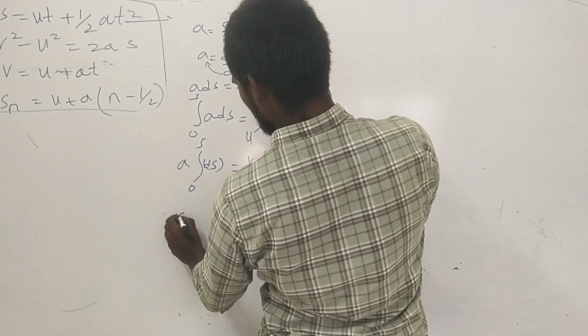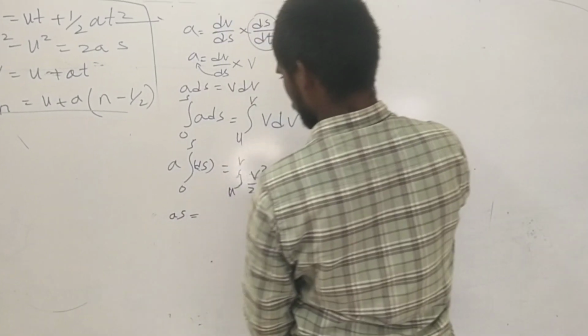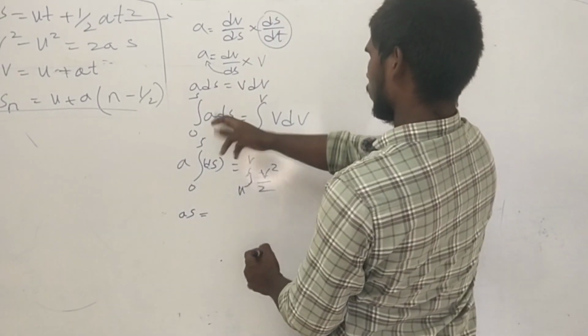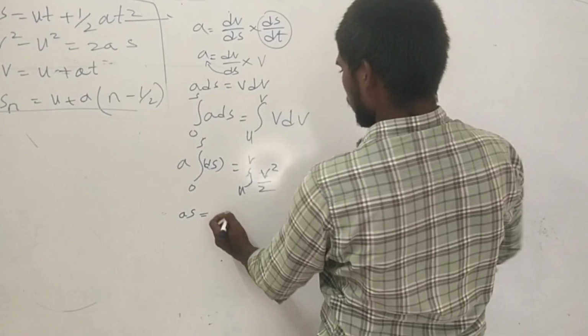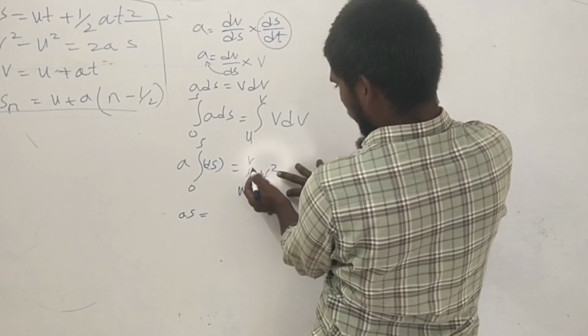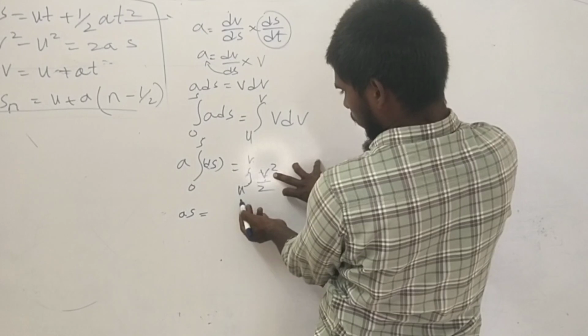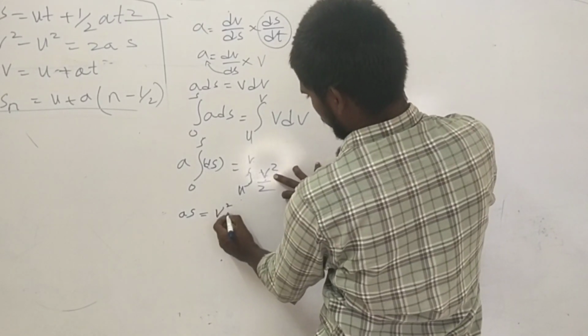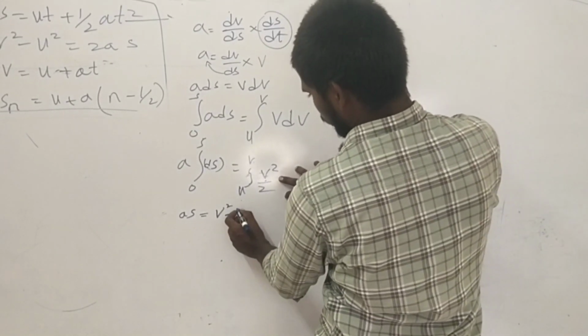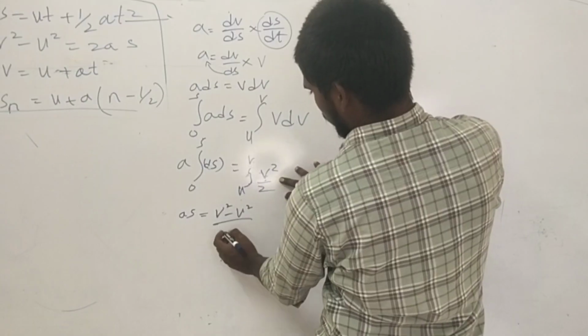So it should be a times the integral of ds with lower limit 0 to s only. If you apply the limits, put v at the v position first with the upper limit and then the lower limit. So v square by 2 minus u square by 2.